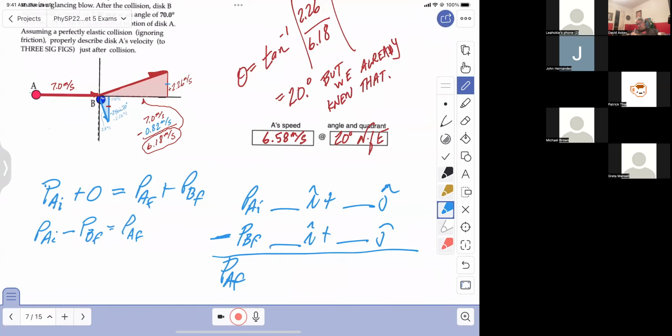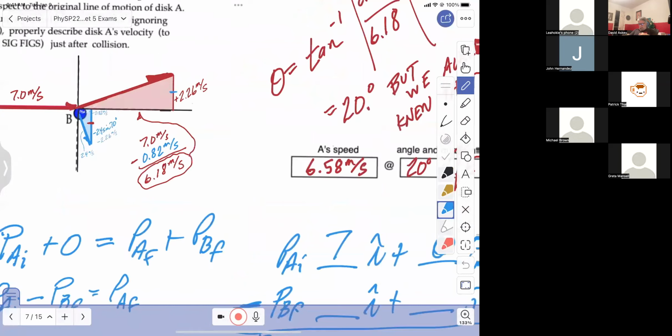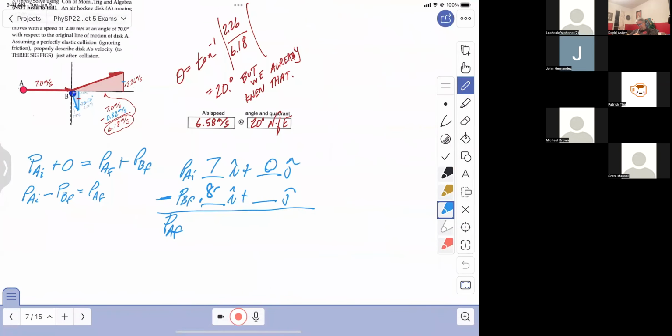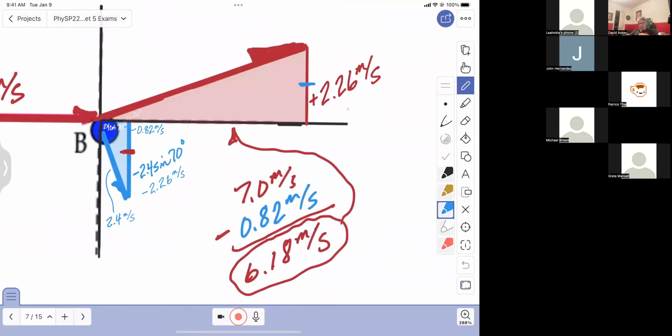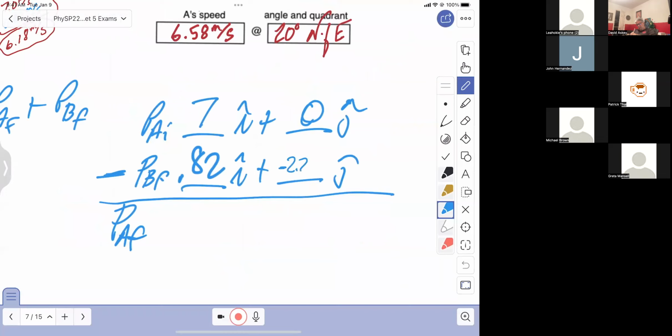PAI is 7 I roof plus 0 J roof. And then for PBF, for the I roof I would have 0.82 I roof, and for J roof I'd have negative 2.26.